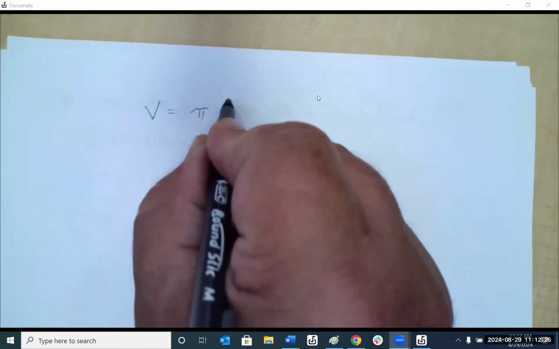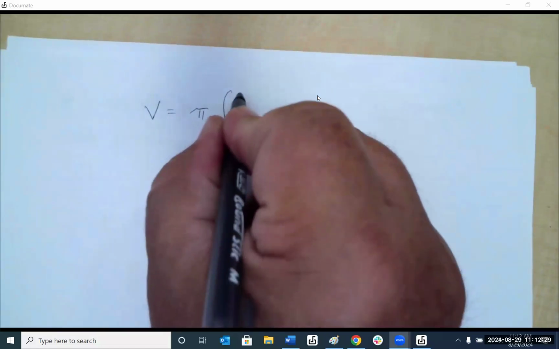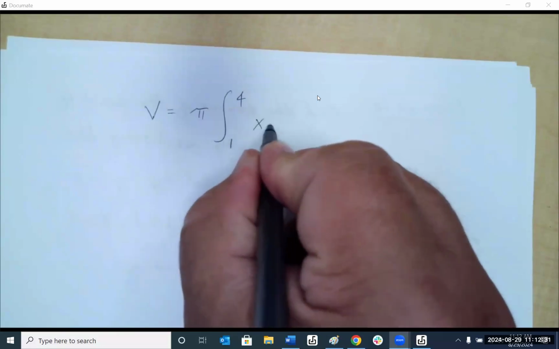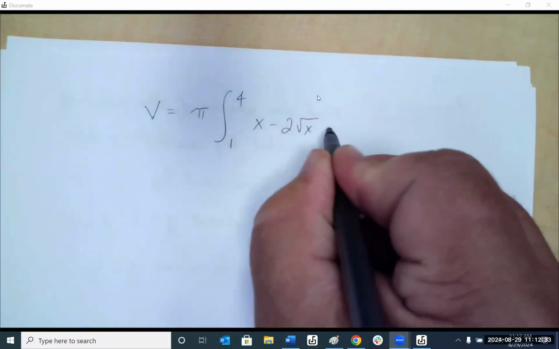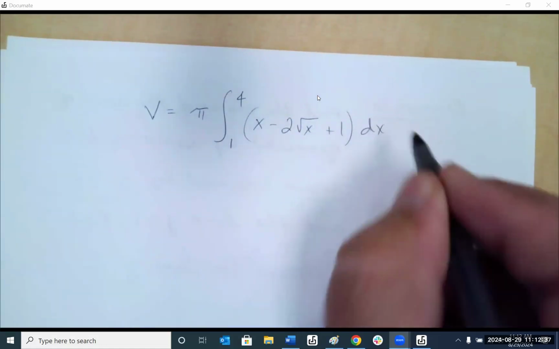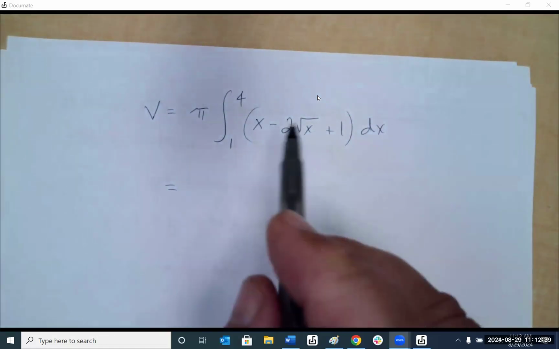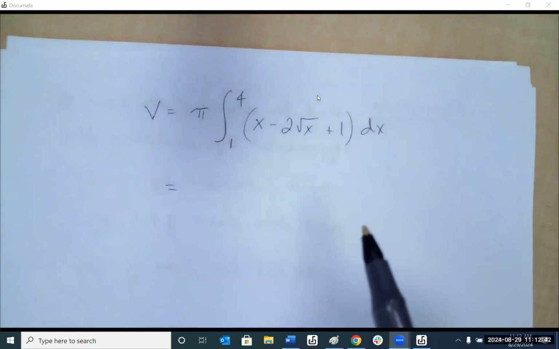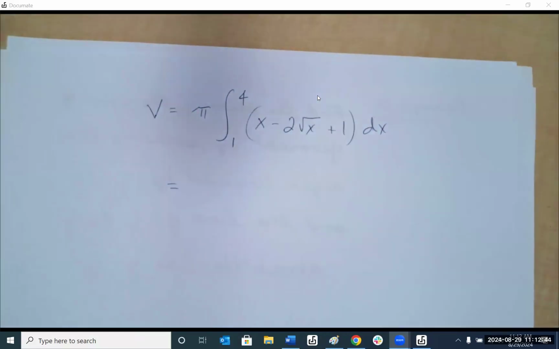So we have our volume equals pi times x minus 2 radical x plus 1. We can distribute that, integrate each one of those.